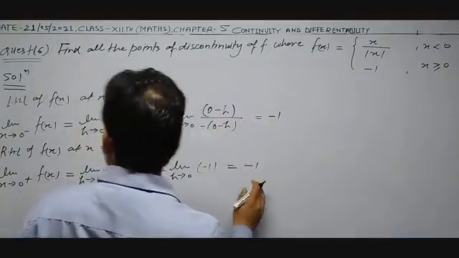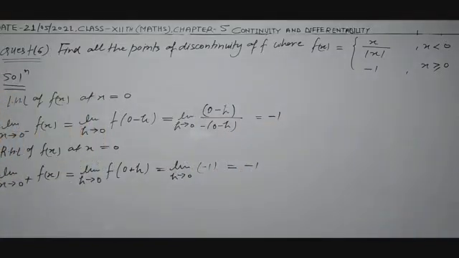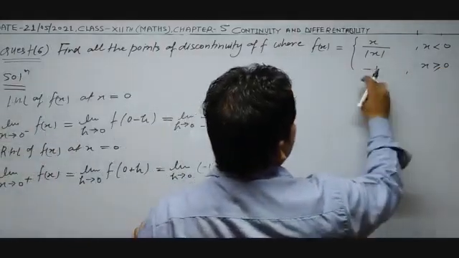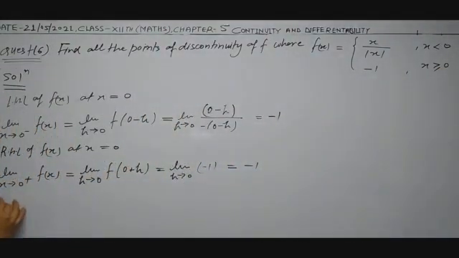So the result you will get is minus 1. The left hand limit, the right hand limit and the value of the function at the given point x equals 0 are the same, minus 1.